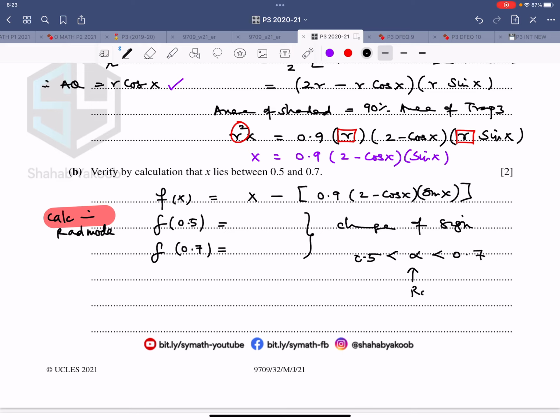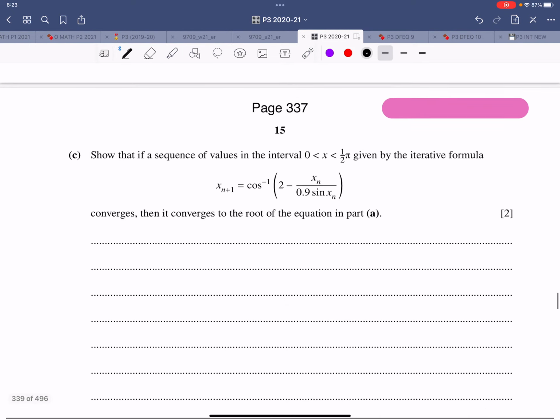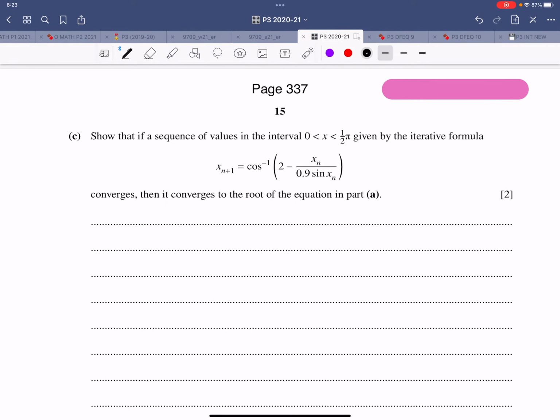The next part is a continuation of this. It converges to the root of the equation in part 1. So now there are 2 approaches to this. Let's see whichever one is convenient, we will do that. One approach is, first of all, let me read it.